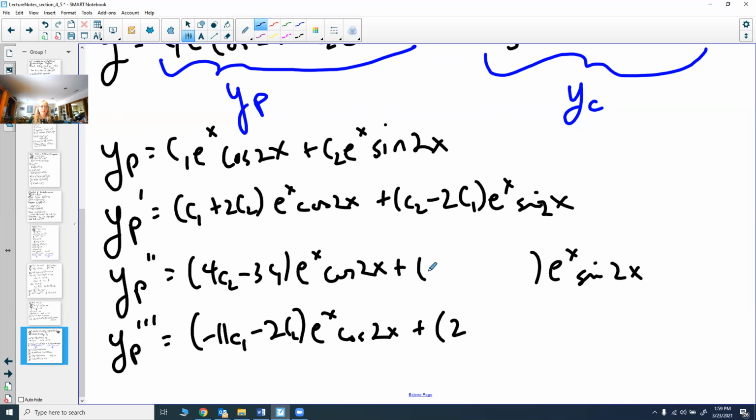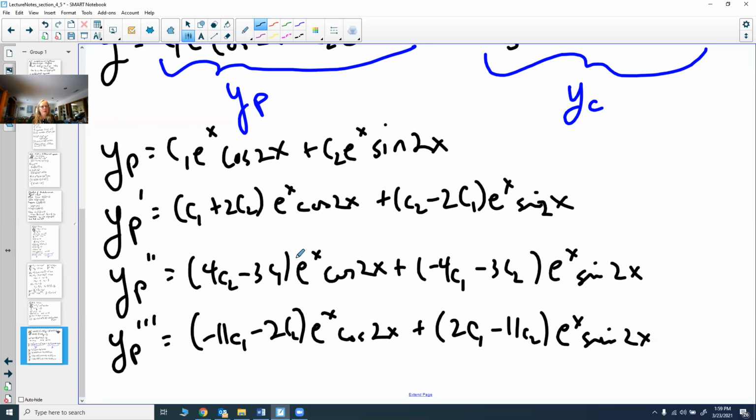In my y double prime, the second term should have been negative 4c1 minus 3c2 e to the x sine x. And then this last one, y triple prime, is 2c1 minus 11c2 e to the x sine of 2x.